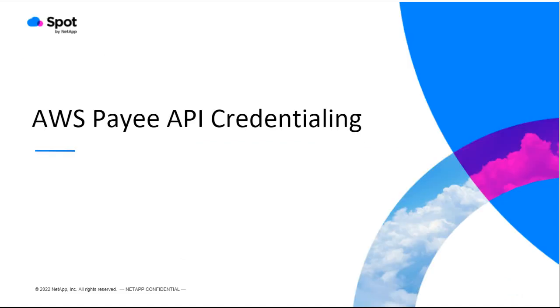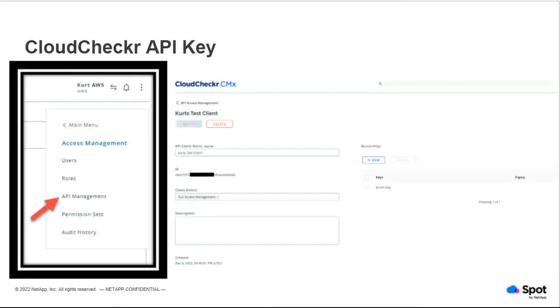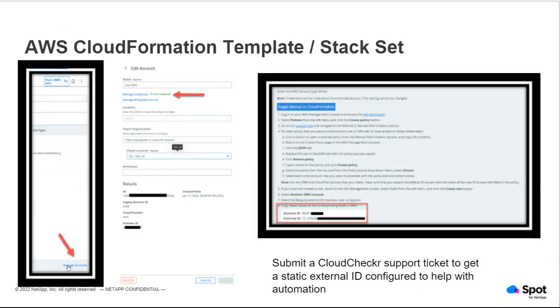So for the AWS Payee API credentialing, I apologize, that's still the same one there. So we're going to go through using that same API, the CloudFormation stack template. So if you go to manage accounts, and then from there we have manage credentials, it's going to provide you with the account ID and the external ID, and those are some of the items that we will utilize.